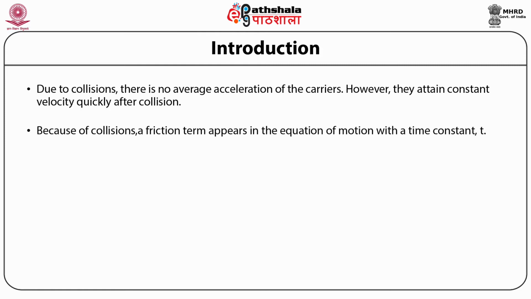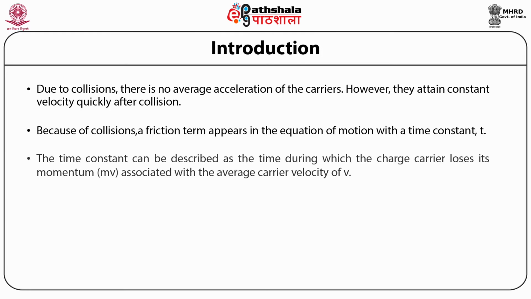Because of collisions, a friction term appears in the equation of motion with a time constant t. The time constant can be described as the time during which the charge carrier loses its momentum, that is mv, associated with the average carrier velocity of v.